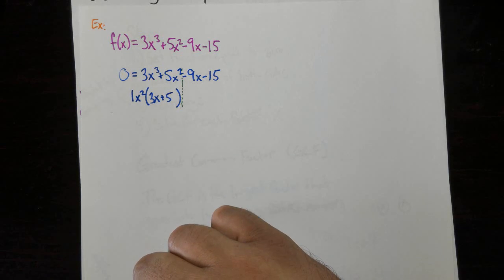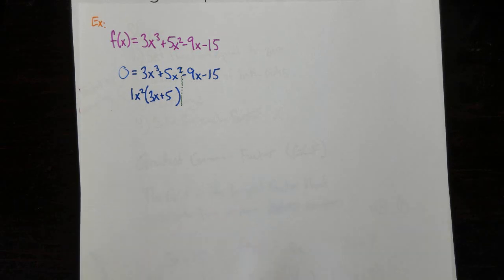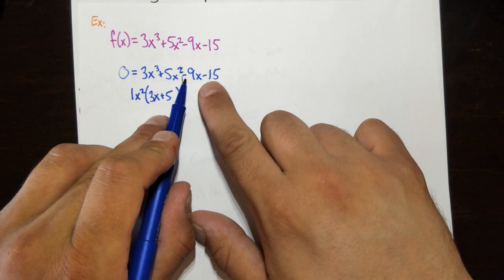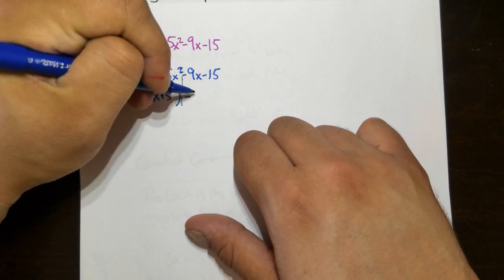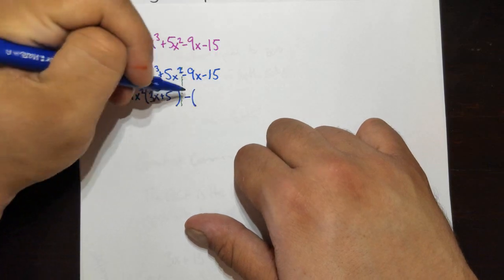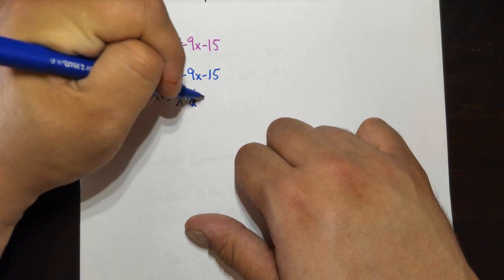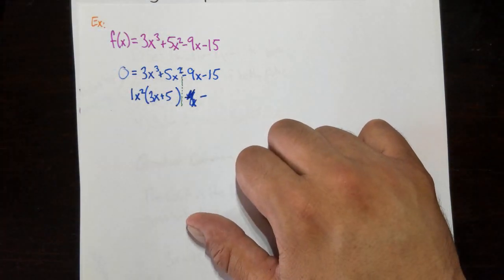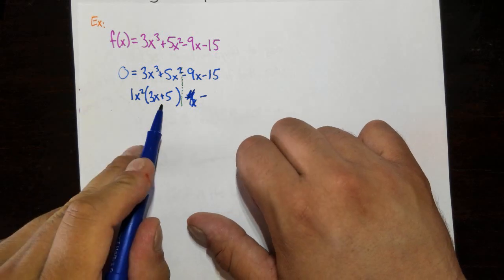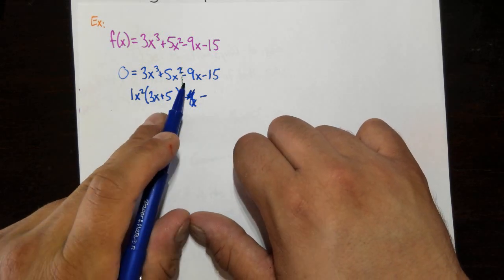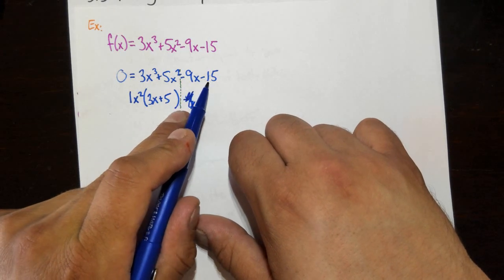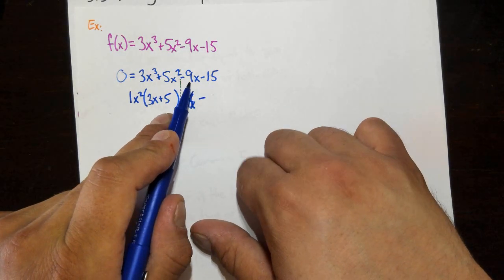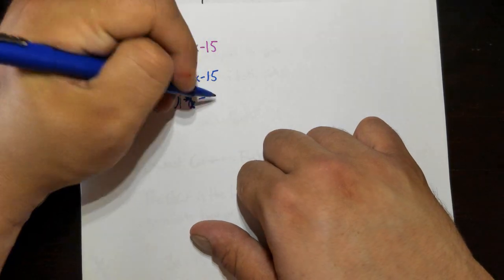And then over here, notice what's going on. So we have two negatives, right? So I can pull out a negative, and that is very important because it's going to have to match this, and you'll see why in a second. So let's see, greatest common factor between 9x and 15 is going to be 3.